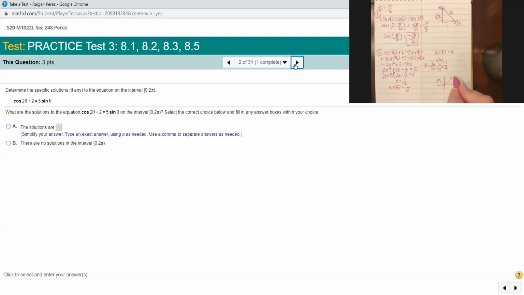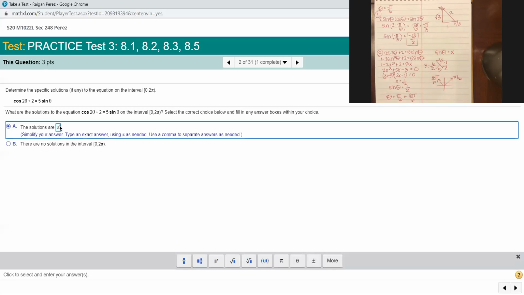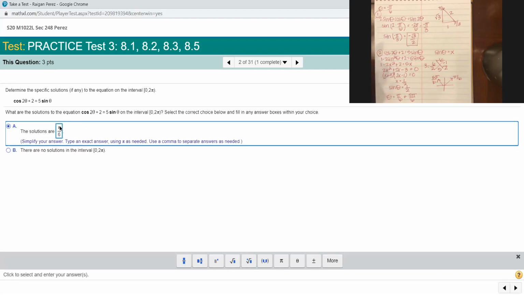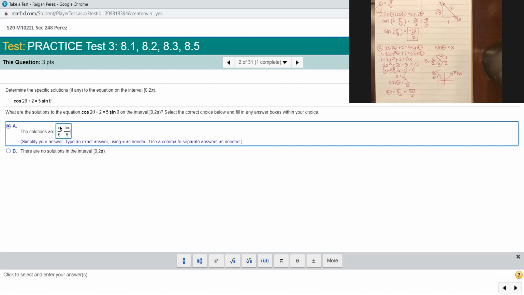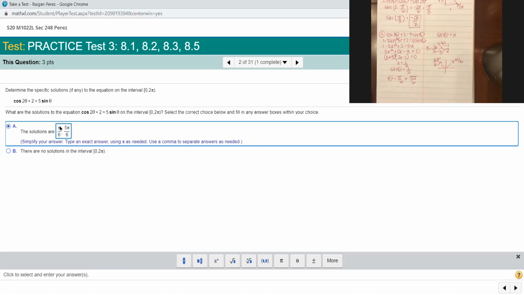Right here it's a pi over 6 angle, and right here it's pi minus that, so your two answers are pi over 6 and 5 pi over 6. So that goes right here: pi over 6, 5 pi over 6. Okay, next.